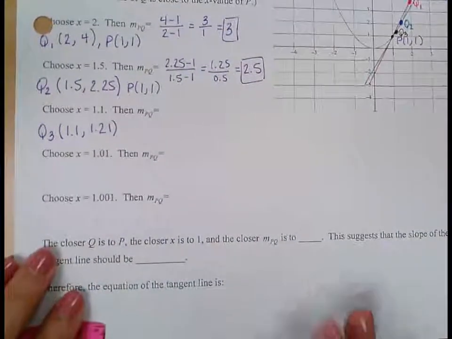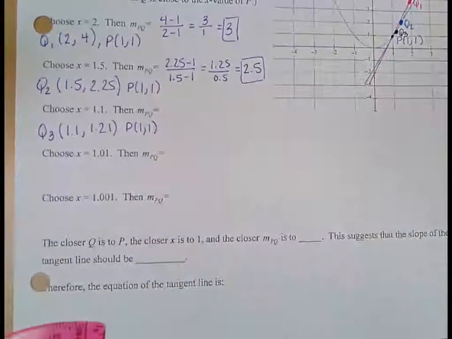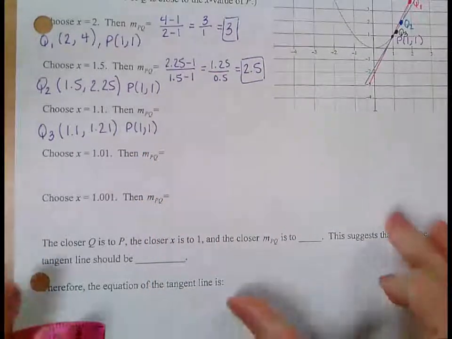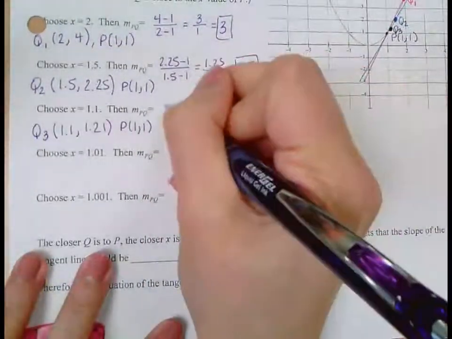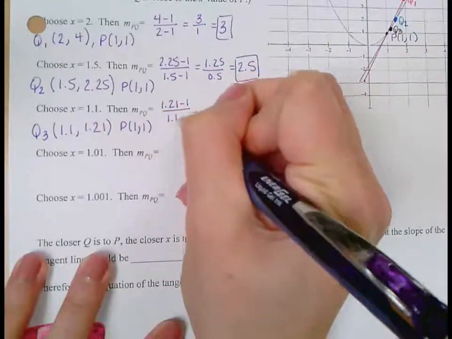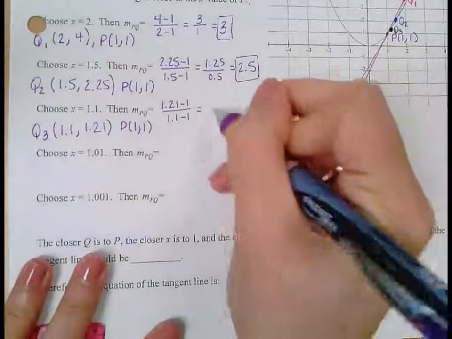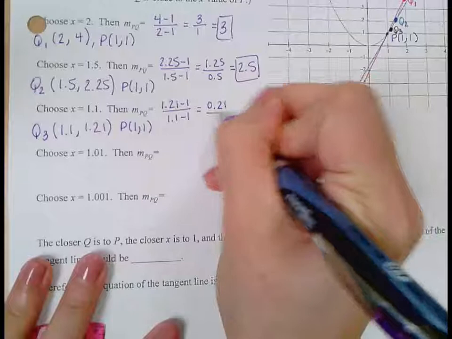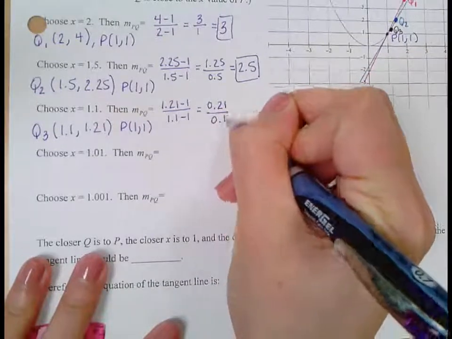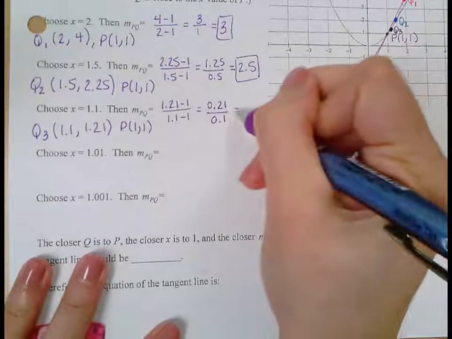That's my third choice for Q. And then P is still at 1, so now I'm calculating a new slope. So change in Y over change in X, 1.21 minus 1 over 1.1 minus 1. So I have a 0.21 over 0.1, so 2.1 is the slope.